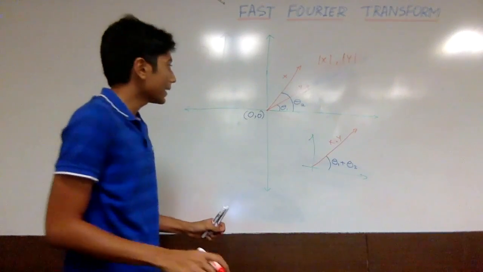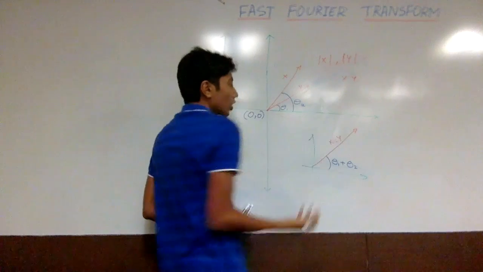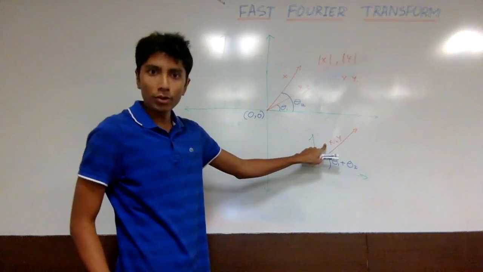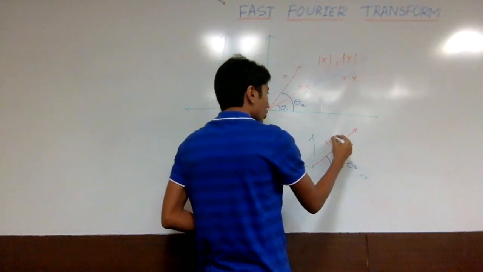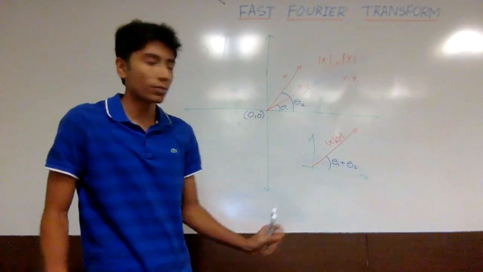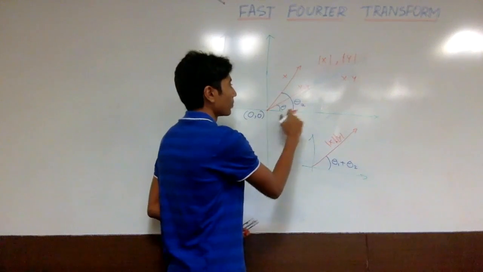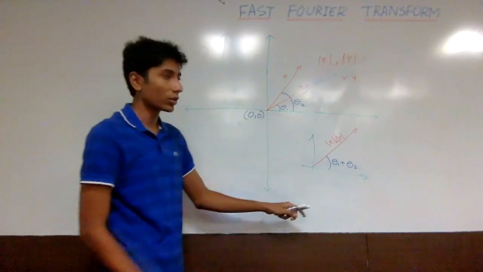When you multiply x into y, you'll get a complex number with length equal to mod x times mod y. So the lengths of the two are multiplied, that's sensible. And the angle from the x-axis is added up. So theta 1 plus theta 2 is what you get over here.